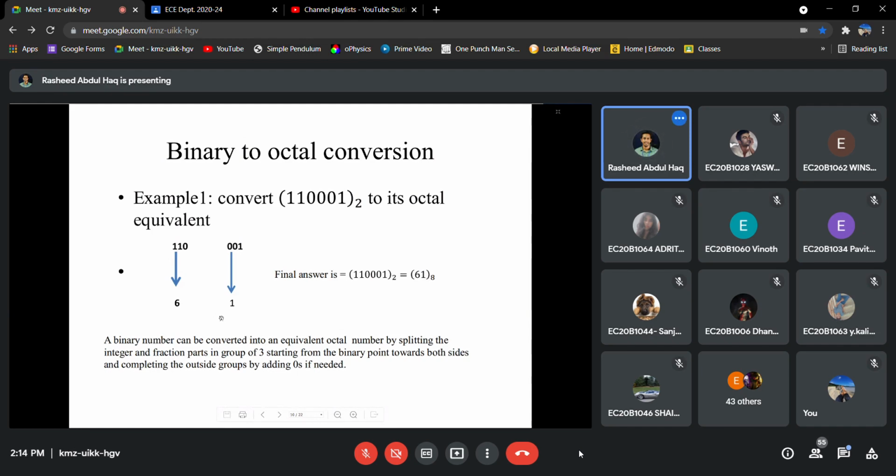I am reading it from the opposite end because of the least significant side, that is 1, 0, 0, which is equal to 1 in octal. And then 0, 1, 1 or 1, 1, 0 is equal to 6. So 1, 1, 0, 0, 0, 1 in binary is equal to 61 in octal. Okay, are you clear on this?